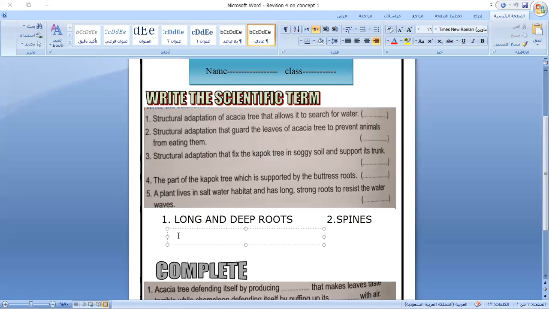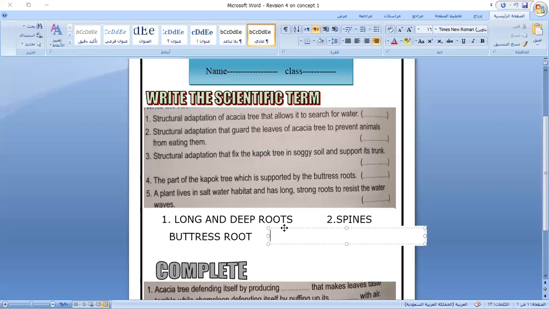Buttress root fixes a plant in the soggy soil. So the answer will be buttress root. Buttress root of the kapok tree fixes a plant in the soggy soil. Okay, this is number 3.